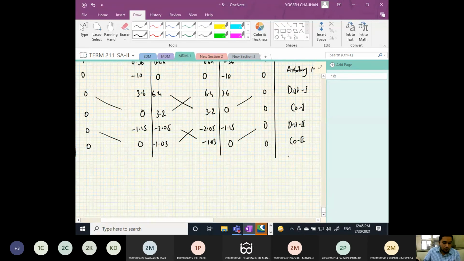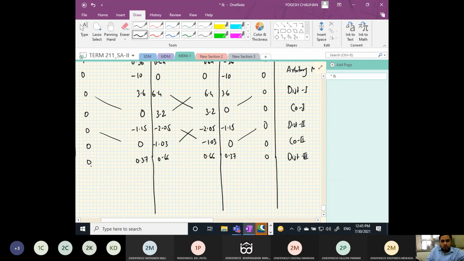Then third cycle. It will be 0.37, 0.66, this will be 0.66, 0.37, 0 and 0.